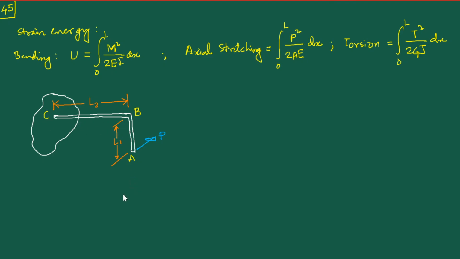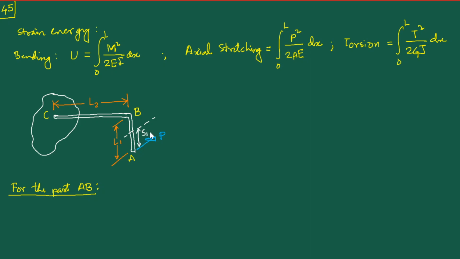So first of all, for the part AB, okay. For the part AB, what I'm going to do is to take a cut section like this at a distance S1 from this end.